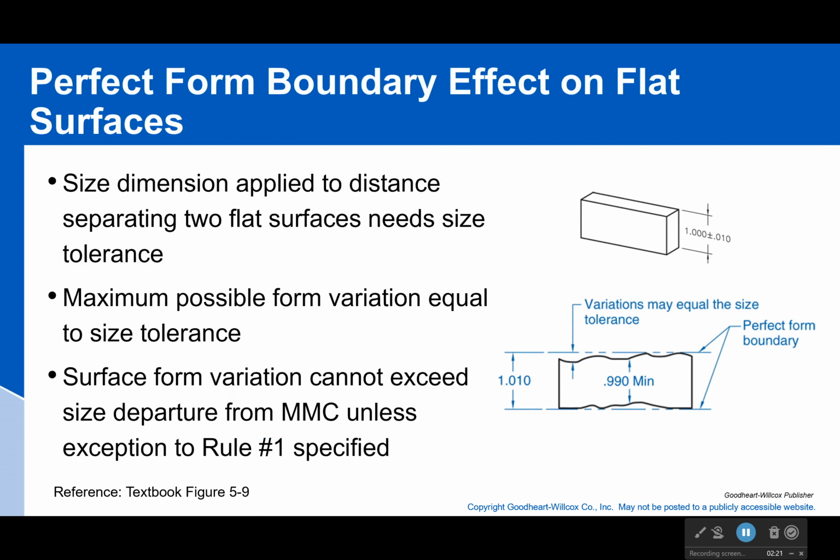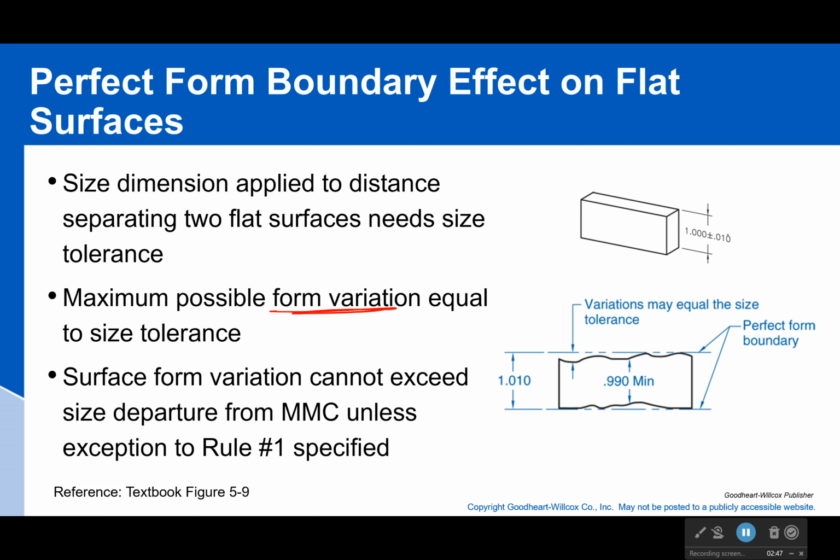So let's look at how that perfect form boundary affects flat surfaces. We've kind of been using it for cylinders, but let's look at it for a flat surface. In any box-like shape, we're going to have a size dimension that's applied to the distance between two of those flat surfaces. And the maximum possible form variation will be equal to our size tolerance.